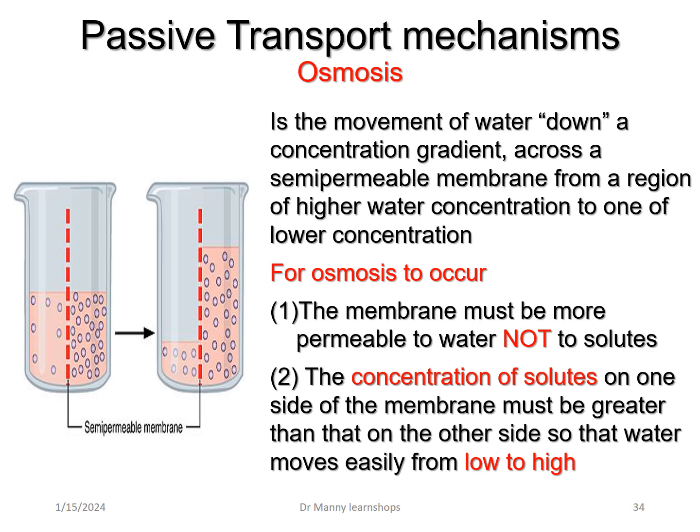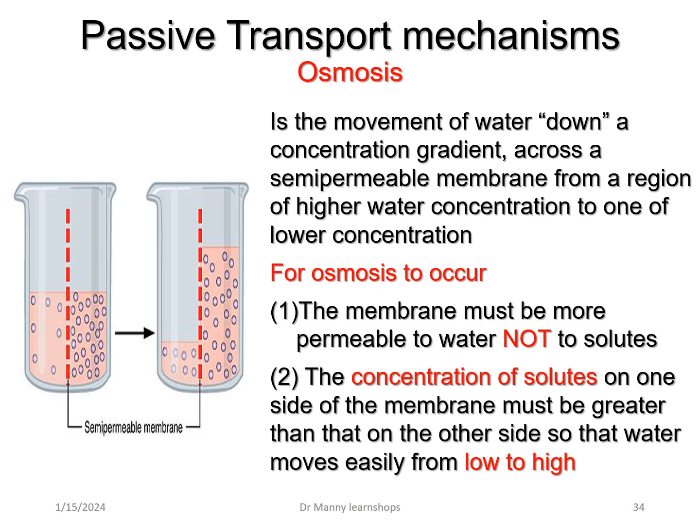Another passive transport mechanism is osmosis. Osmosis is the movement of water down a concentration gradient across a semi-permeable membrane from a region of higher water concentration to one of lower concentration. For osmosis to occur, one, the membrane must be more permeable to water, not to solutes.